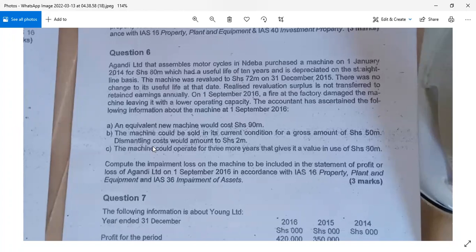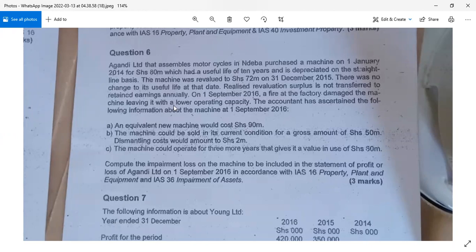That information is in part B, which says the machine could be sold in its current condition, right now as damaged, for a gross amount of 50 million. However, there will be dismantling costs, to remove the scrap bit or to sell it off. So what you receive in full is 50M, but we are removing 2M.